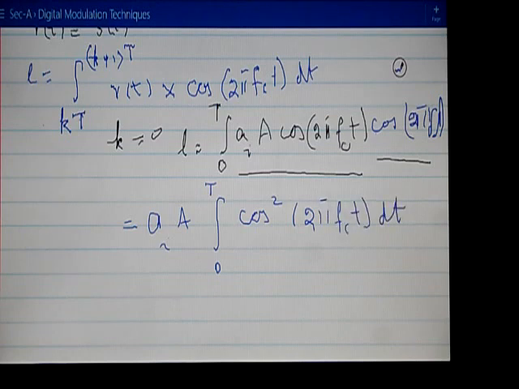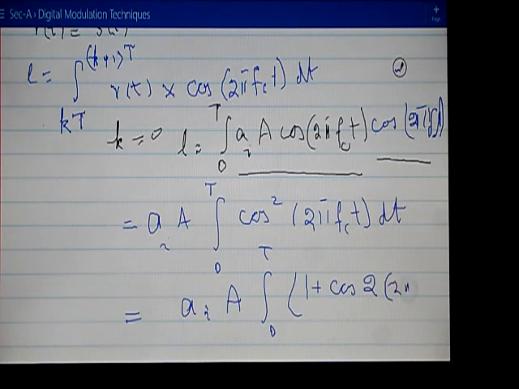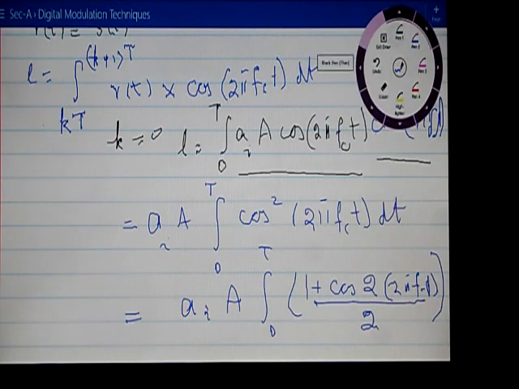Okay. Now if you integrate it using your identity, cos square of theta is 1 plus cos 2 theta over 2. So if you integrate this one, you would get a sub I A, integral from 0 to T of 1 plus cos of 2 times 2 pi fct over 2, dt, right?